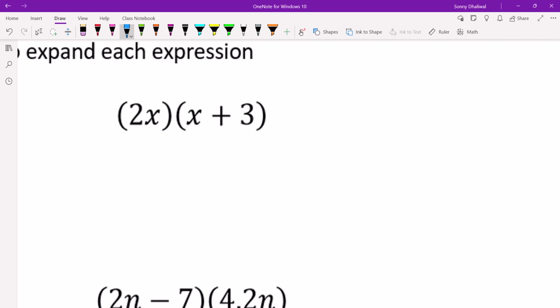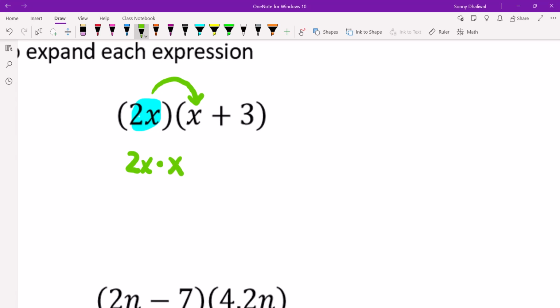I'm going to take this term on the outside and multiply it to everything on the inside of this bracket, because we can't add x and 3. They're unlike terms. So I'm going to take this, I'm going to multiply it to the first term. I'm going to draw this arrow. That's what this arrow means. I'm multiplying these two things together. And I'm going to write out that calculation. I have 2x, and I'm going to use a dot instead of times, because I also have too many x's sitting there.